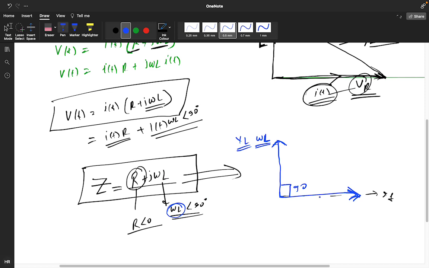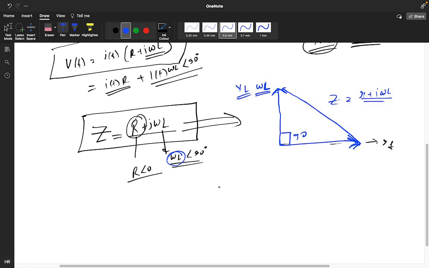And what is Z? Z is nothing but R getting added with omega L. So this is your Z, Z is R plus j omega L. This is the vector addition.